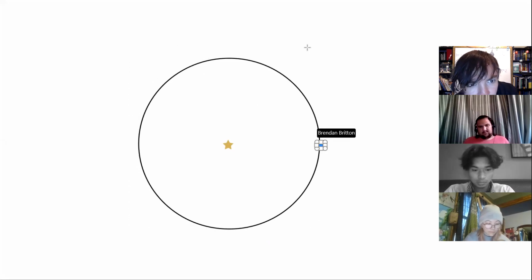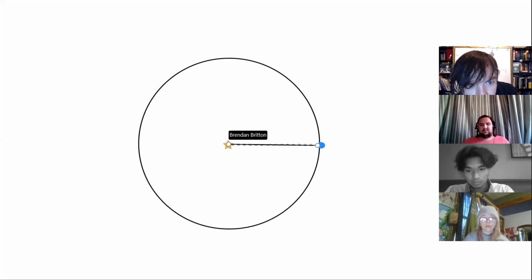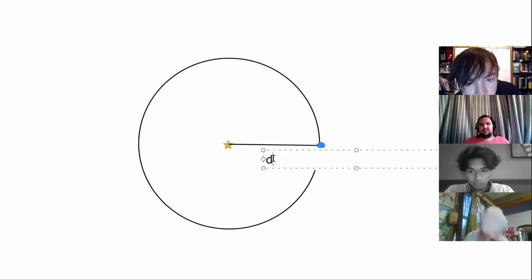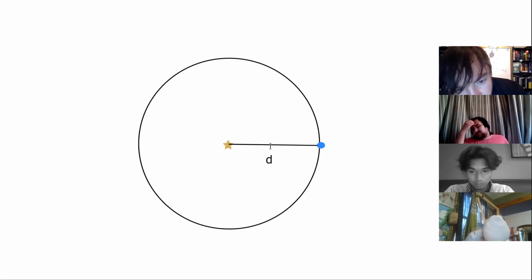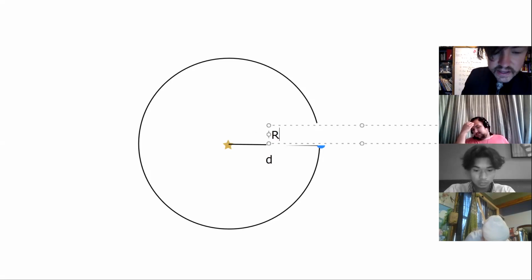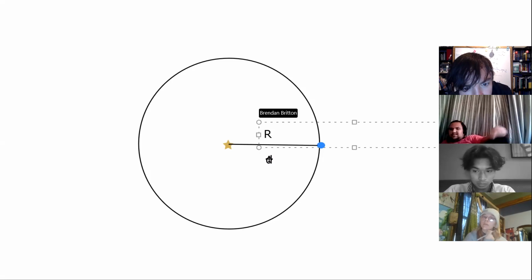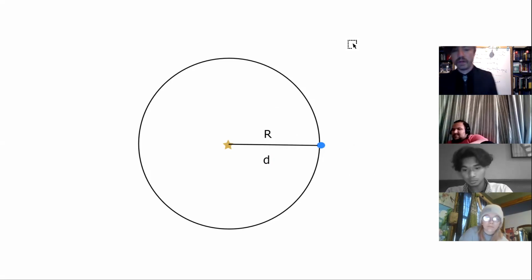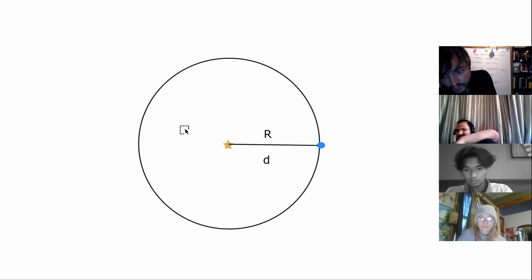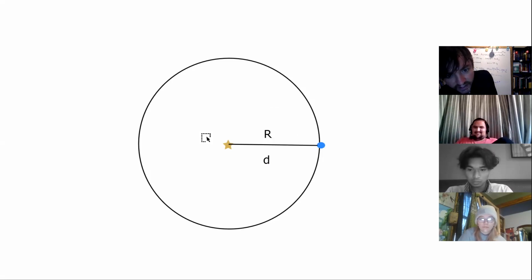Then you can think of the distance from the star to Earth as d. But you could also think of it as r, the radius of a big giant sphere. So it's the same equation. It's just how you want to think about it, right? Does that picture make sense to you guys? That's the star's luminosity, and the distance or the radius is the distance from Earth to the star.